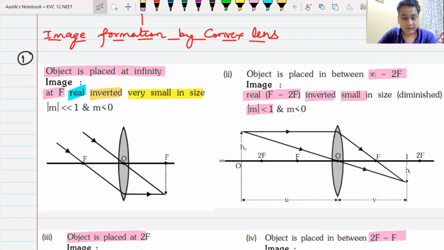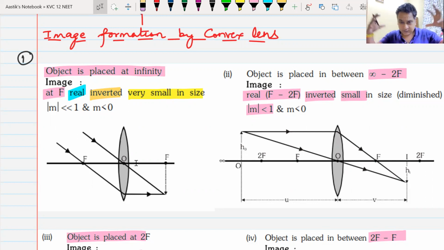Today we will quickly cover those positions for the concave lenses, and you must have now understood that whatever we had done for concave mirrors, remember concave mirrors were converging mirrors, the same thing we have done for convex lenses, which are converging lenses.